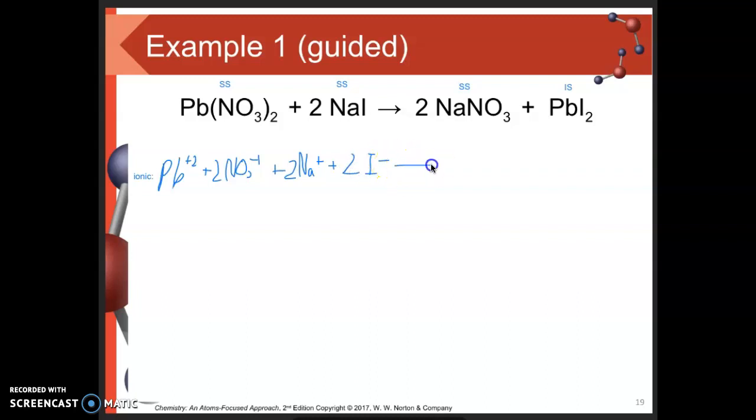And then on the product side, same thing here, 2 sodium ions and 2 nitrate ions. And my lead 2 iodide is insoluble, so I actually keep this molecular. So it'll stay PbI2.